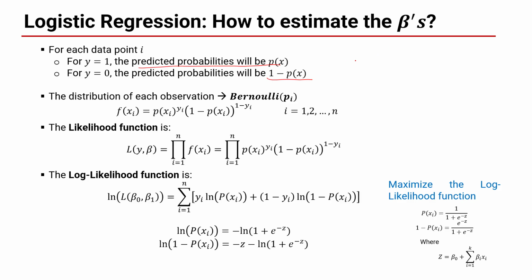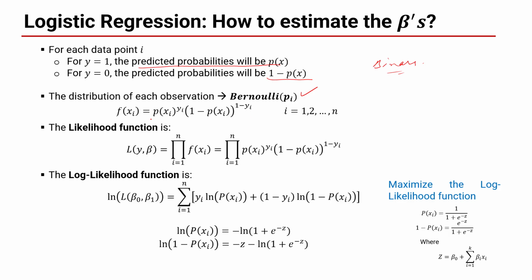So in logistic regression, we can model our response variable because it is binary in nature. We can model it in the Bernoulli form, because the Bernoulli distribution has only two outcomes, such as yes, no, defective, non-defective.